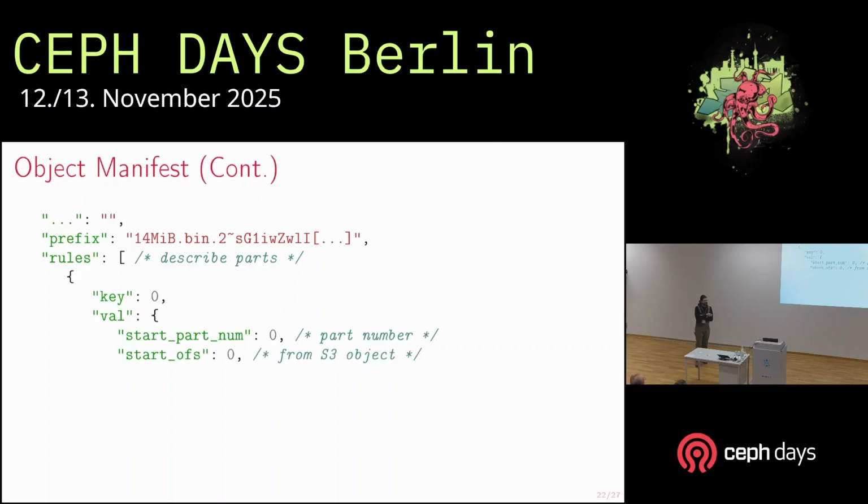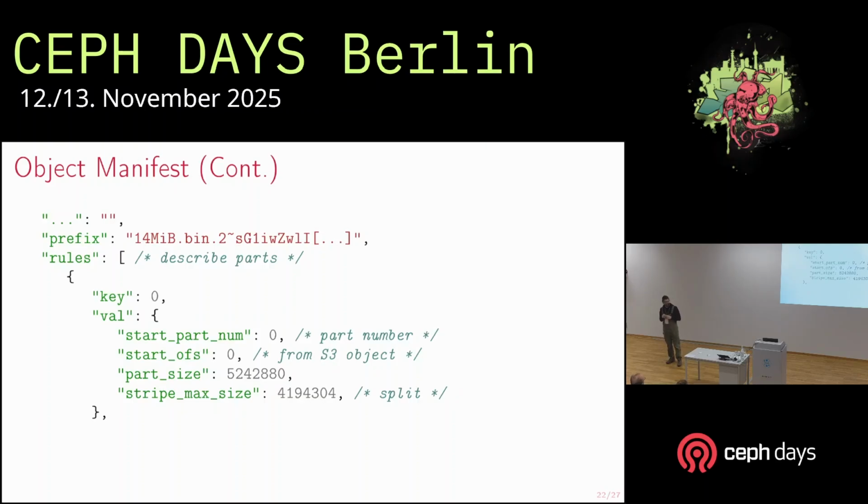Then a start offset, so if you have multiple parts, it tells you the third part starts at offset x, y, z bytes. So we know from how big the parts are. Then the part size, and then the stripe max size. In theory, you would expect that the stripe size remains the same all the time.